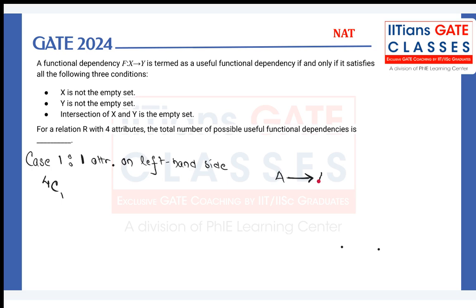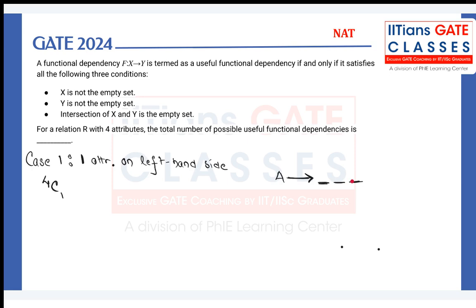No. Why? Which condition am I violating if I have that? The intersection is not the empty set. The intersection of X and Y must be the empty set. Fine. So on the right hand side, I have three choices, because I have four attributes and one attribute I've already selected.